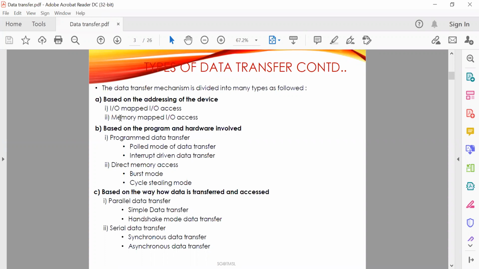So in synchronized or synchronous data transfer, the device that sends the data and the device that receives the data both are synchronized with the common clock signal. Now in this mode, a fixed and known time frame is there. But in case of asynchronous data transfer, data words are transmitted with a random time frame between them.